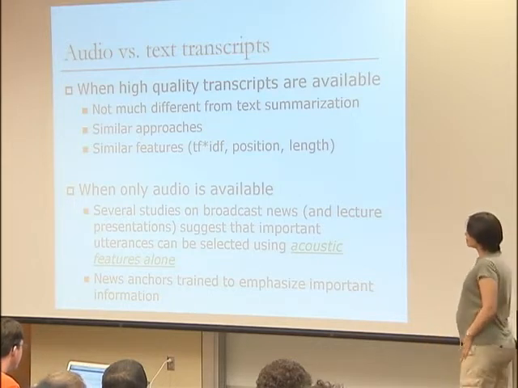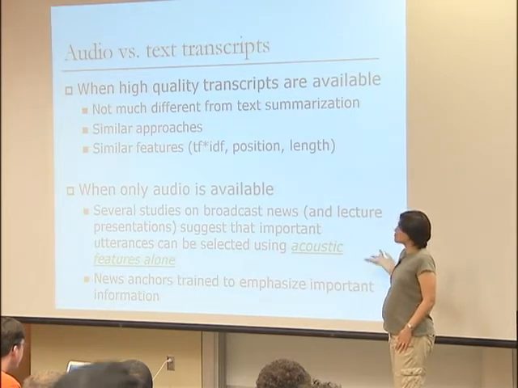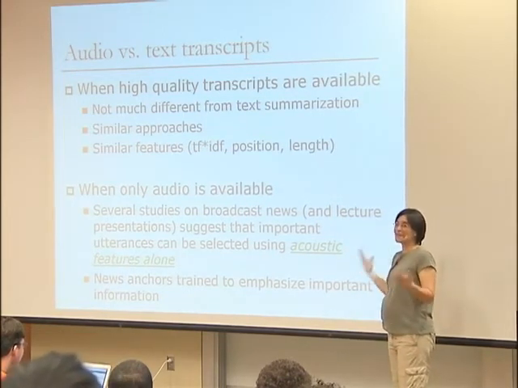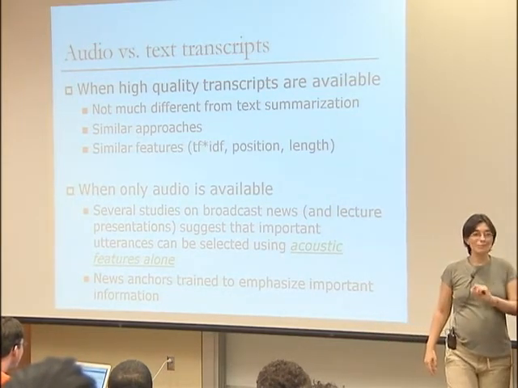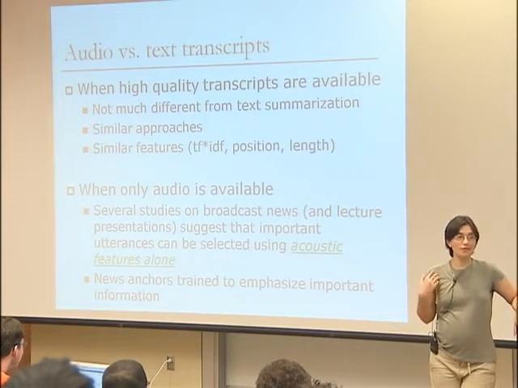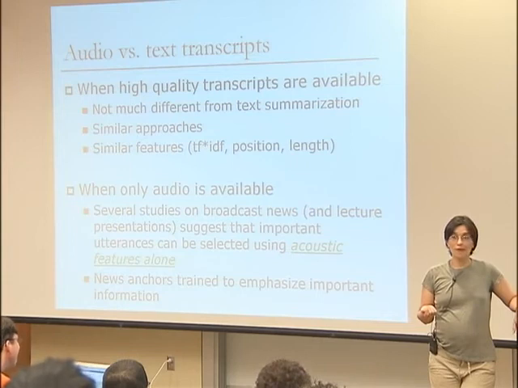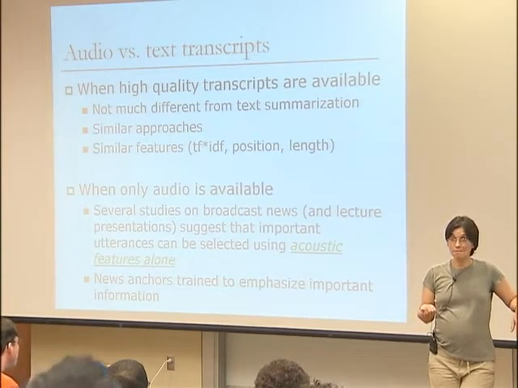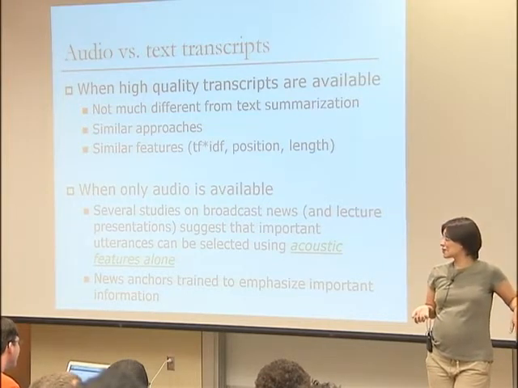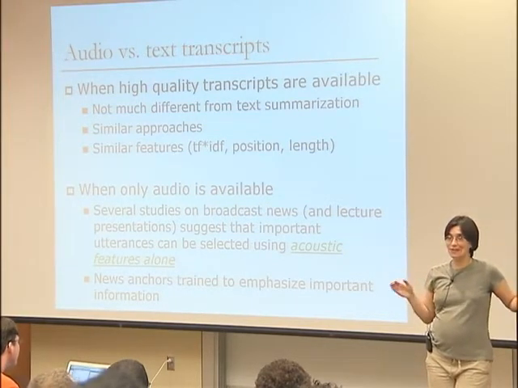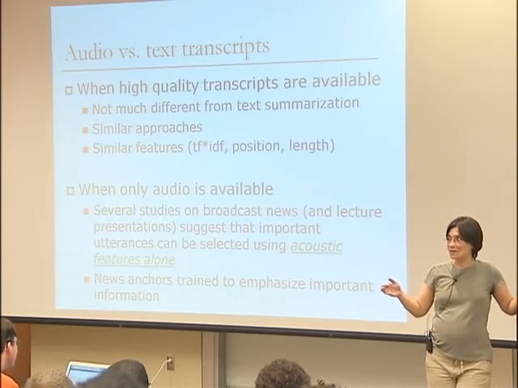And there is some really interesting work in recent years, and I'm almost dubious, I feel like this needs to be verified, that just based on acoustic features, so pitch and intensity, you can actually do good summarization of broadcast news. I mean, it does sound like magic, right? You just measure the signal and then you find snippets of the audio that are of high importance.